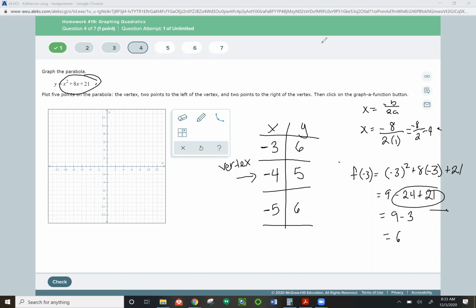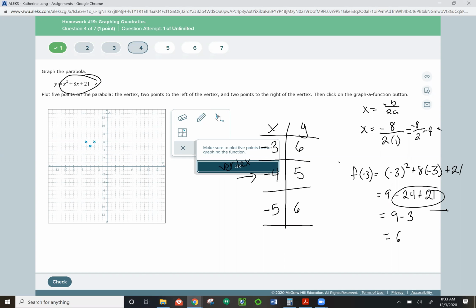All right, so let's start graphing this. So I'm going to take my pencil and make the points first. So my vertex happens at negative 4 up 5. And then my other points are going to be negative 3 up 6 and negative 5 up 6.